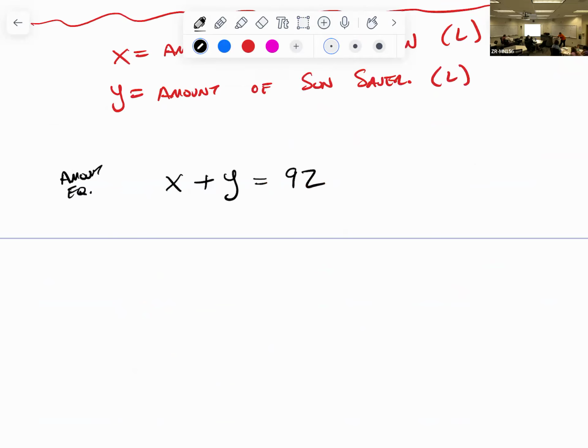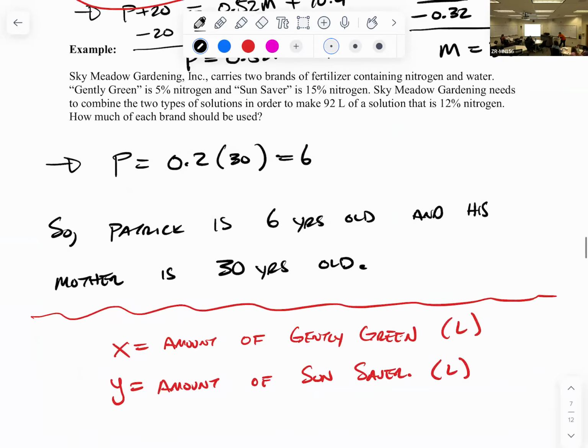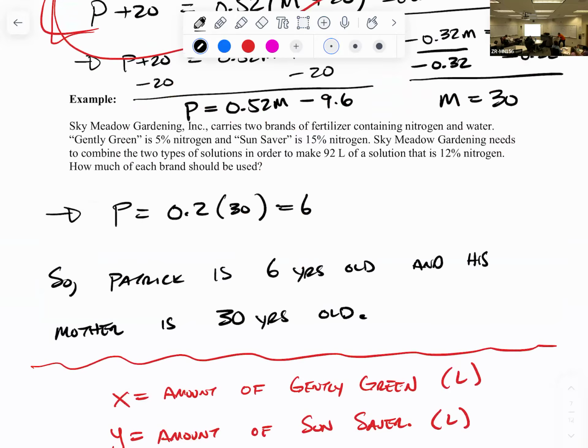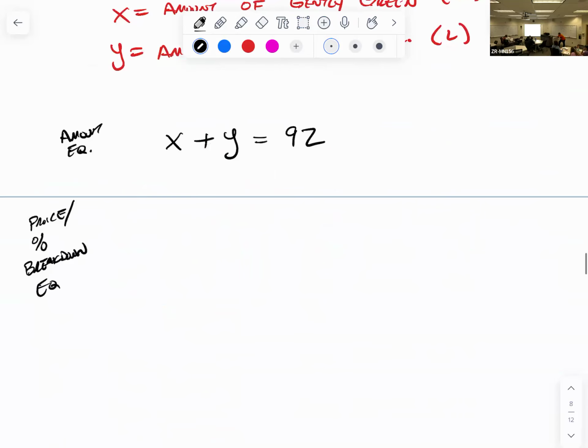The other one is either the price or the percentage. Basically, it is the breakdown equation of whatever you're dealing with. Gently Green, which we have called X, is 5% nitrogen. Make sure we write that properly.